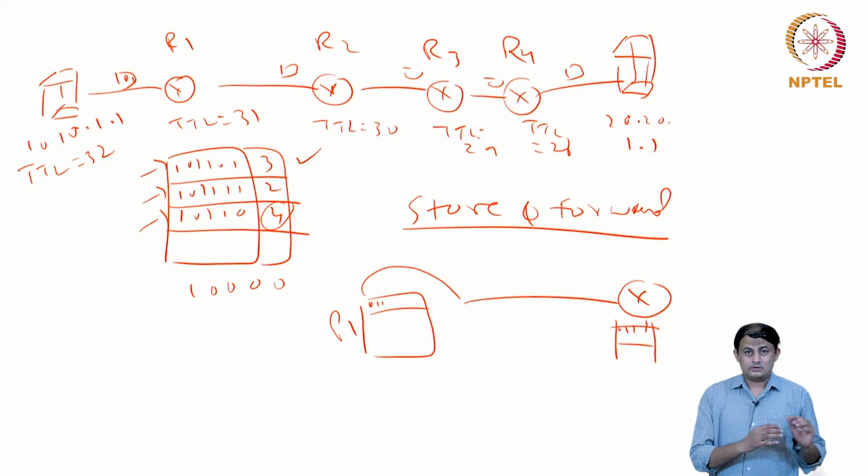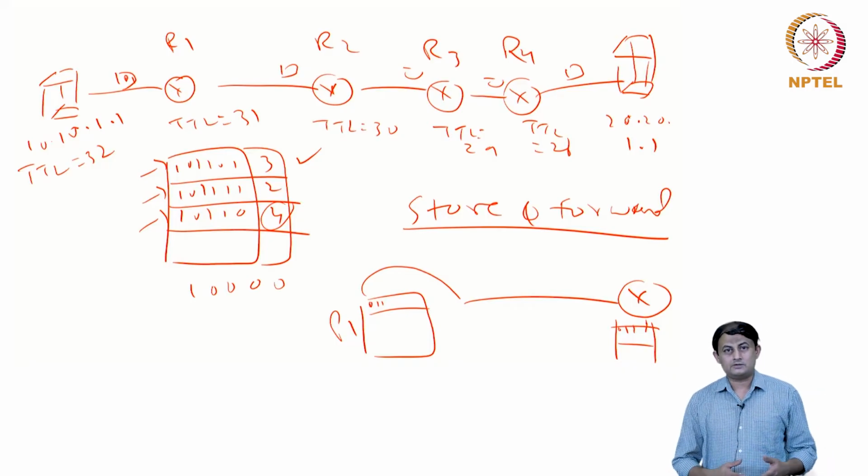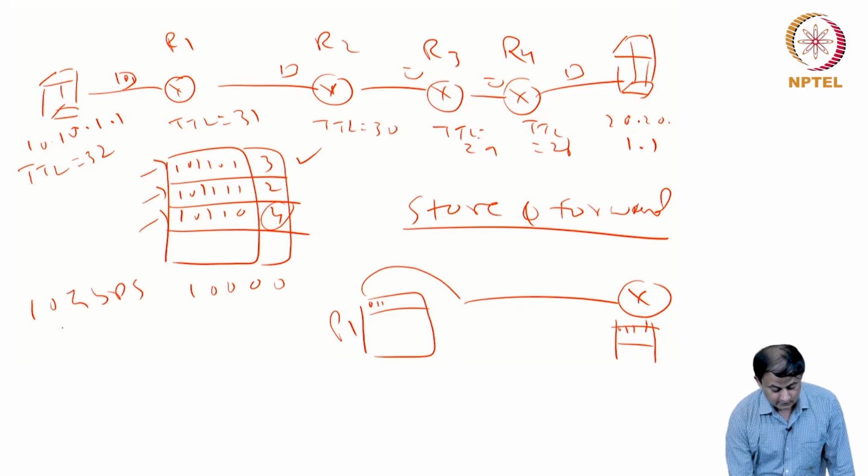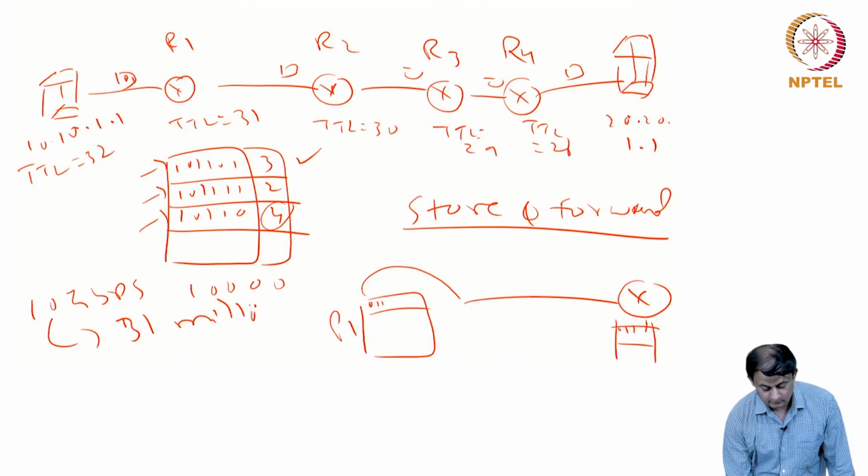To give just an estimation of the kind of processing that we are looking at: if you have a link which is operating at 10 Gbps, that will bring approximately 31 million packets per second.